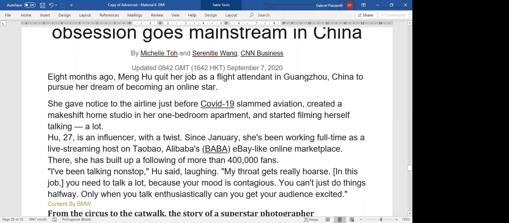"I've been talking non-stop," Who said, laughing. "My throat gets really hoarse. In this job, you need to talk a lot because your mood is contagious. You can't just do things halfway. Only when you talk enthusiastically can you get your audience excited."